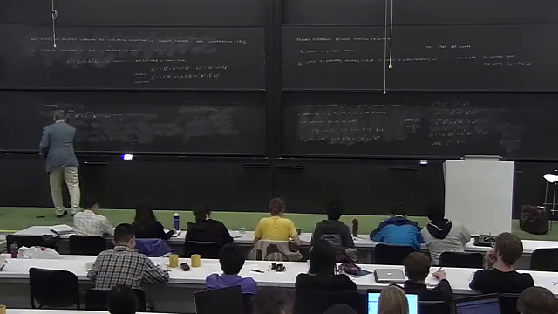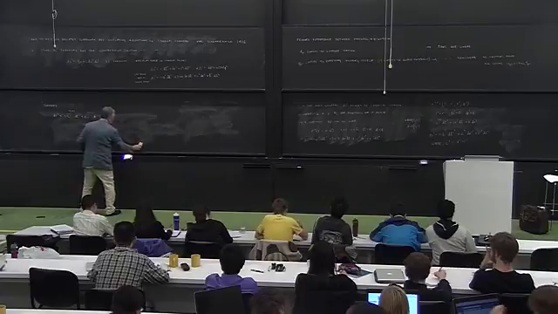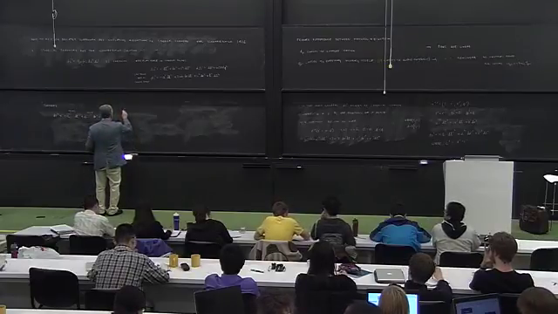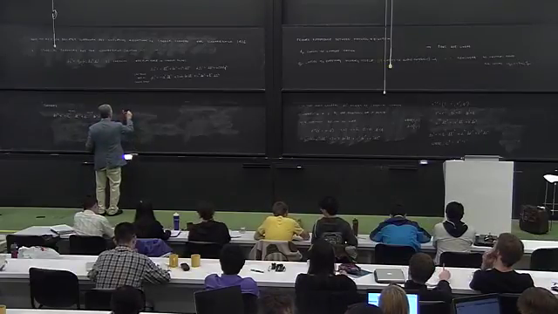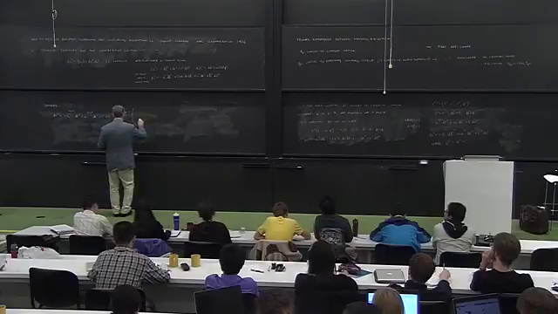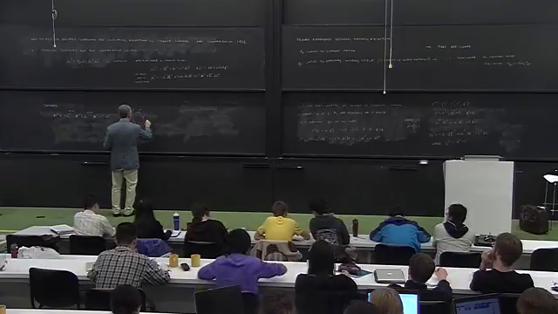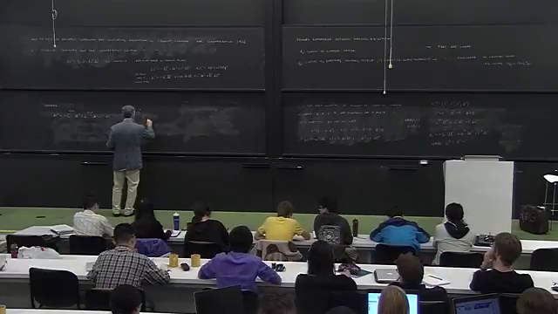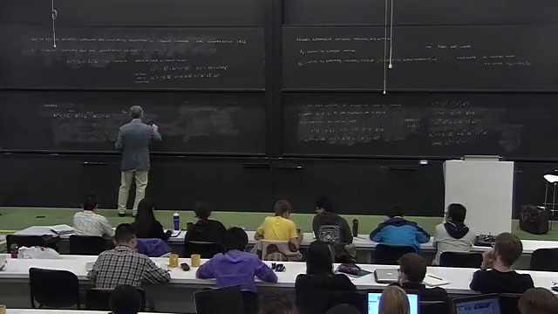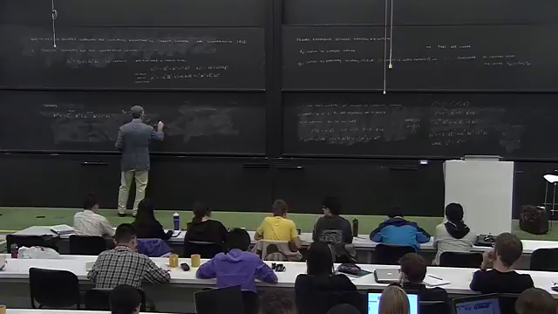Or, if you prefer, we've got a diagonal g mu nu in which the only non-vanishing components are minus e to the nu, e to the lambda, r squared, and r squared sine squared theta.